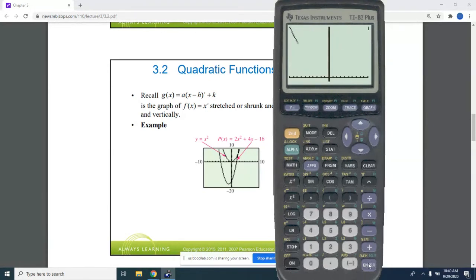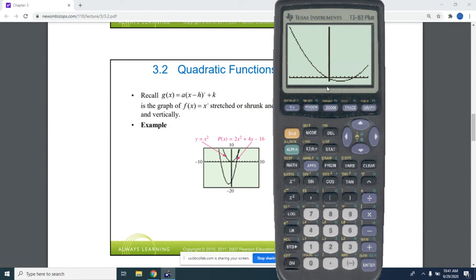What zoom fit does is fit the graph to your calculator screen, so you should be able to see where it bends. So that's the first thing. You want to graph it. If you can't see where it bends, you want to hit zoom 0, which is zoom fit.